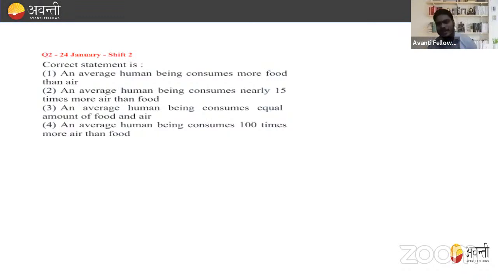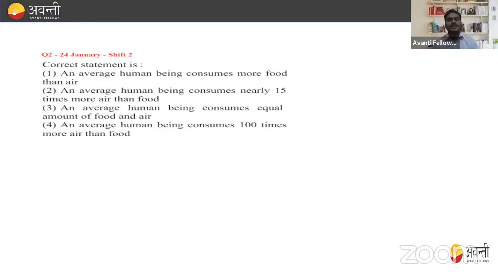Next option: an average human being consumes nearly 15 times more air than food. The next: an average human being consumes an equal amount of food and air. And the fourth: an average human being consumes 100 times more air than food.